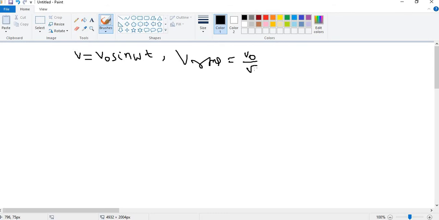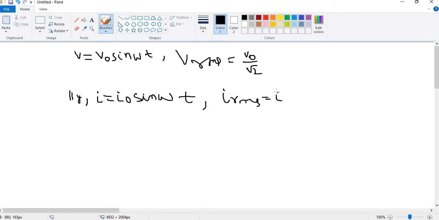VRMS is equal to V naught by root 2. Similarly we have it for I also. If I is equal to I naught sin omega t, then the formula for IRMS is also I naught by root 2.